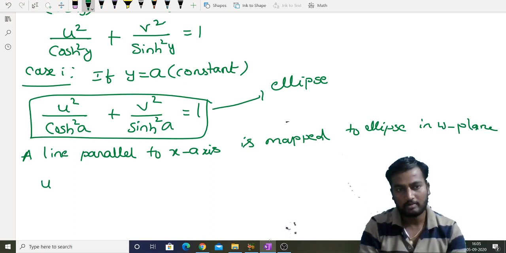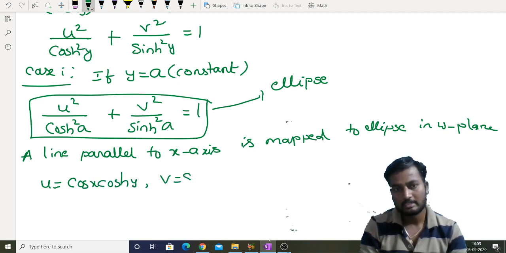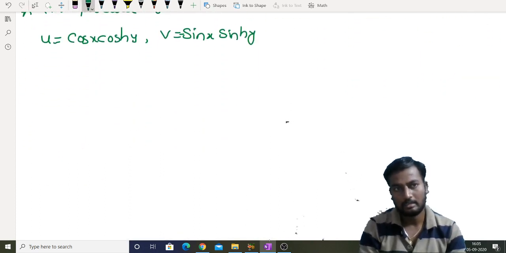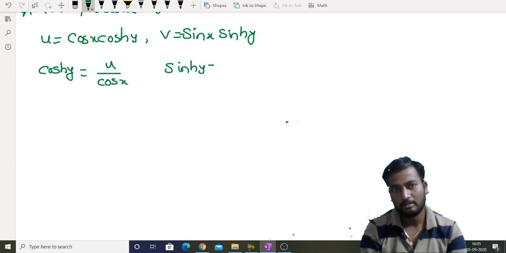And next one, from the hyperbolic: u equal to cos x cosh y, and v equal to minus sin x sinh y. Then from this, cosh y equal to u by cos x, and sinh y equal to minus v by sin x.